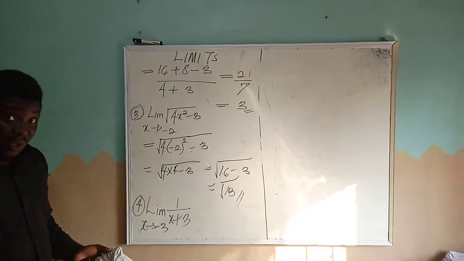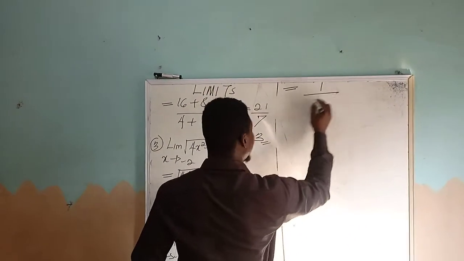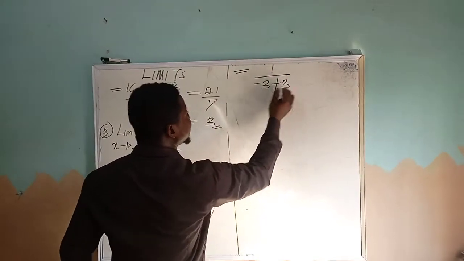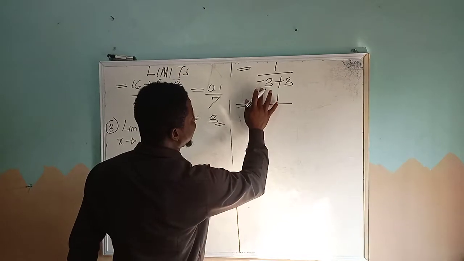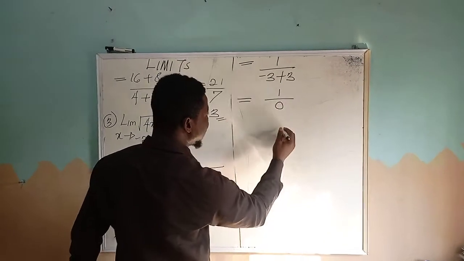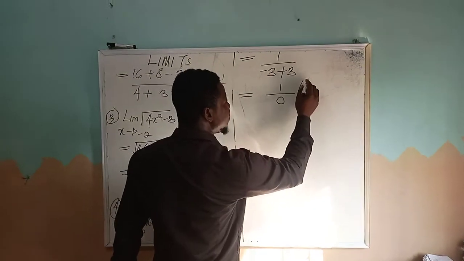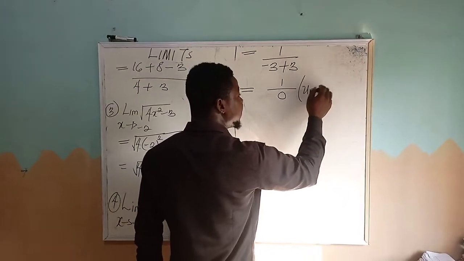Substitute directly as usual. This gives us 1 all over, of course, negative 3 plus 3, which is now equal to 1 all over 0. When you have it in this case, it means limit does not exist, or you just write undefined.